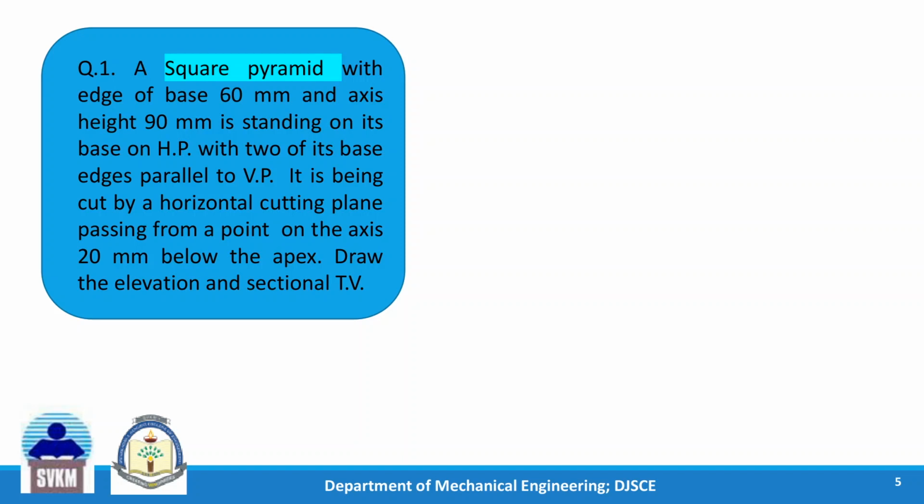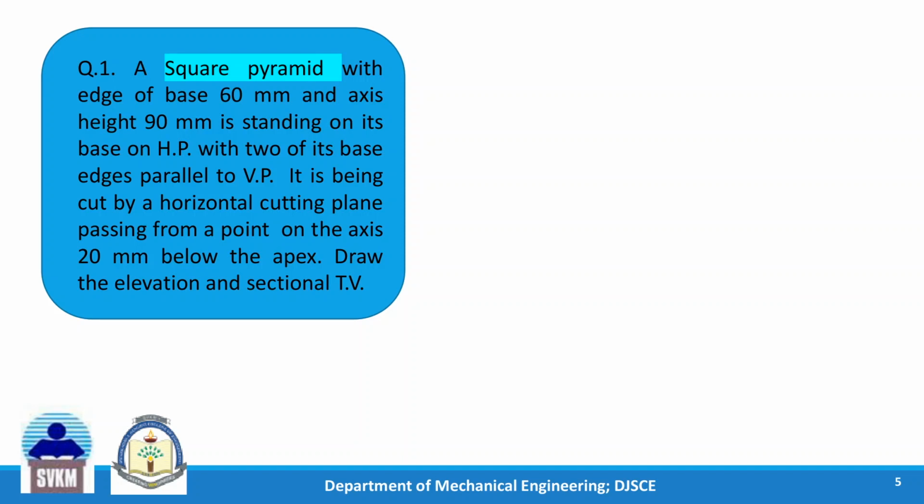Let us see case-to-case examples. Question 1, square pyramid. The solid is a pyramid with edge of base 60 mm and axis height 90 mm, standing on its base on HP. So the solid is a square pyramid.